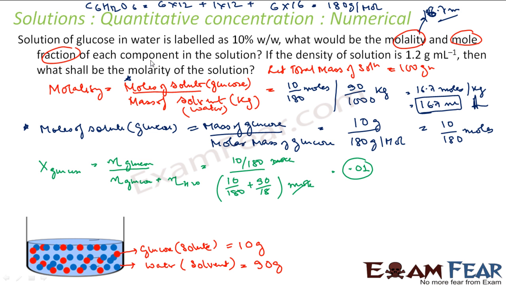I have to find the mole fraction of each component, right? So the mole fraction of water becomes 1 minus mole fraction of glucose, that is 1 minus 0.01, that is 0.99.